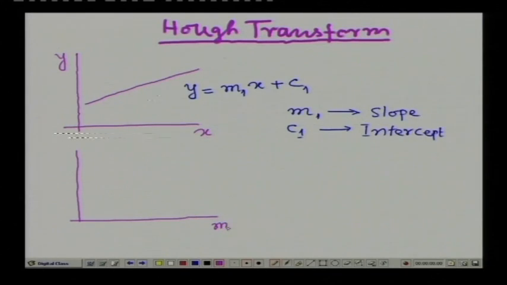I will have the slope m along one direction and the intercept c along another direction. Since for this given straight line y equal to m 1 x plus c 1, m 1, the slope, and c 1, the intercept, are fixed, this particular straight line will be represented by a single point in the m c plane, and this point is at location m 1, c 1.